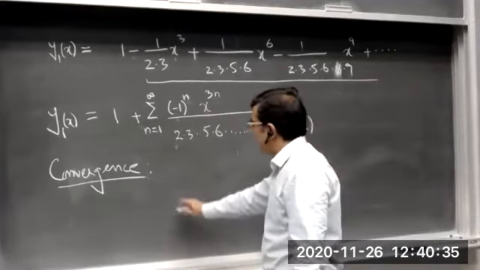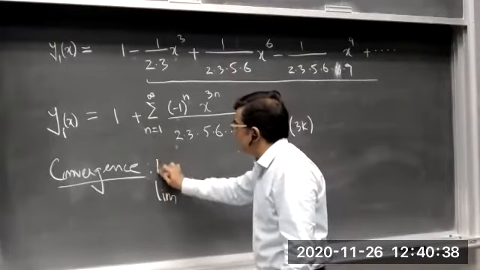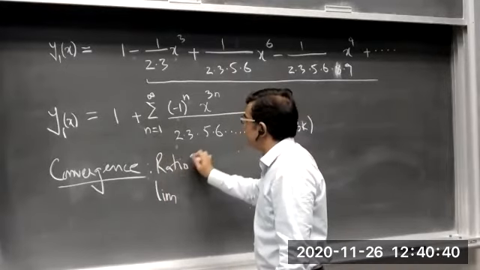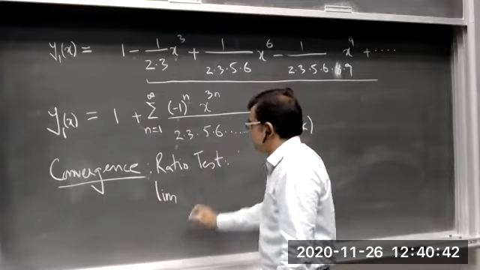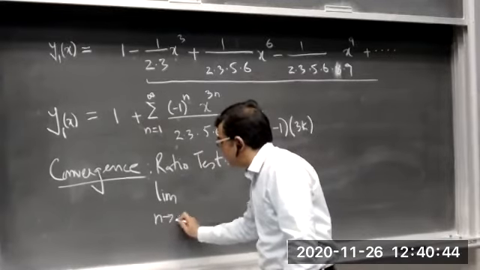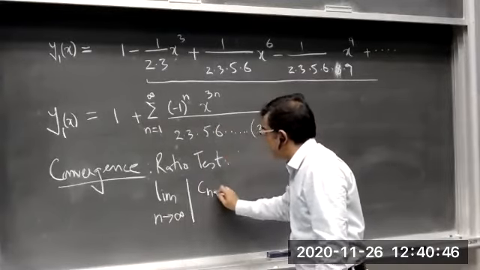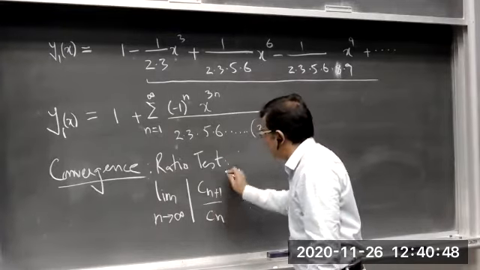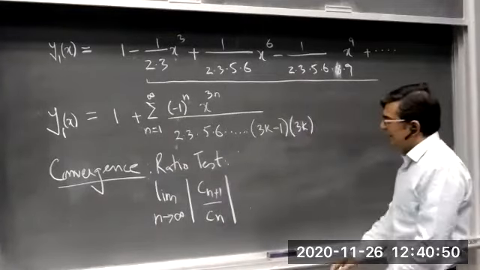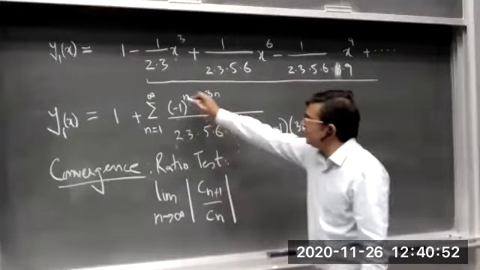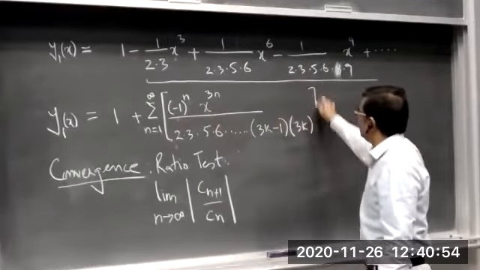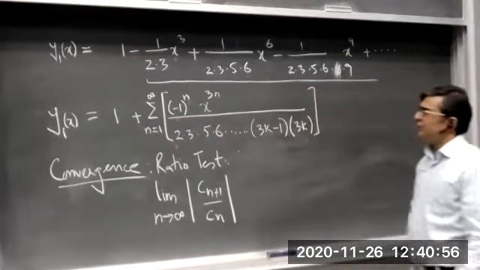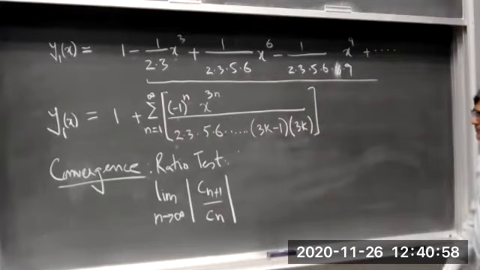So what is the method to check convergence? The ratio test. We apply the ratio test here. What is the ratio test? Limit n goes to infinity, mod of c_{n+1} divided by c_n. Now, what are c_n and c_{n+1}? This is your c_n.